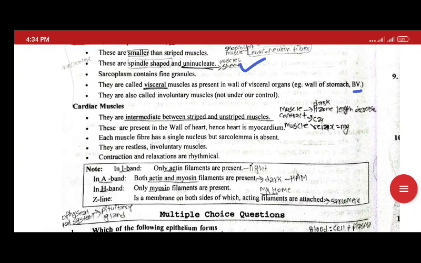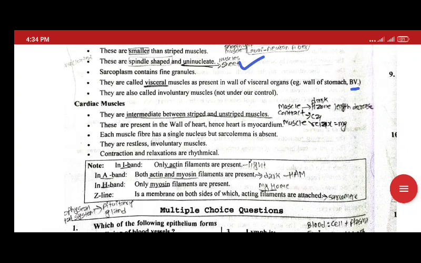Now also we have the last, cardiac muscle. Now cardiac muscle is the intermediate between both muscles, that is striped and unstriped muscles. Means it has both features, and it is present only in the wall of the heart, and it is so called myocardium, meaning muscle of cardium, which means heart.